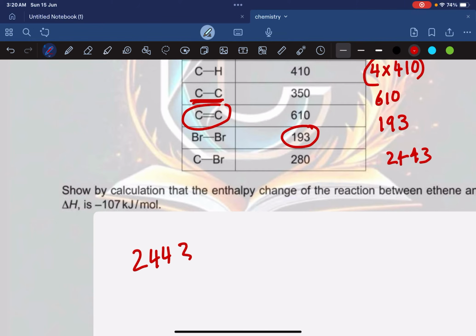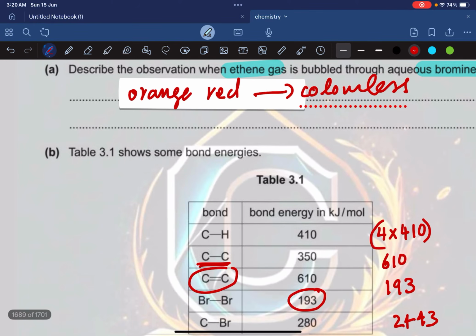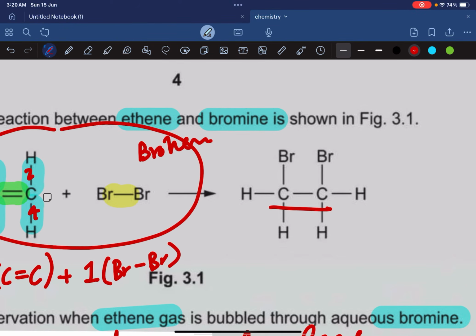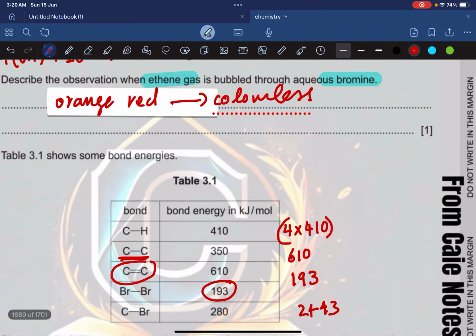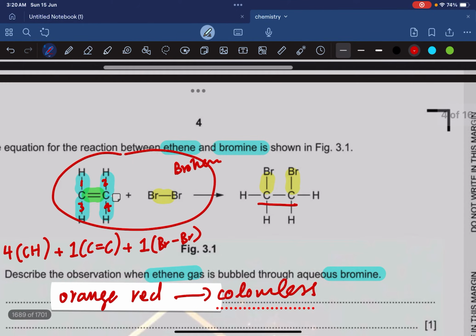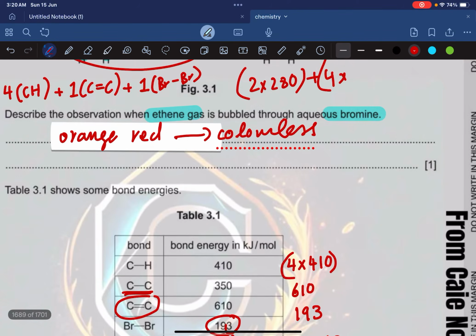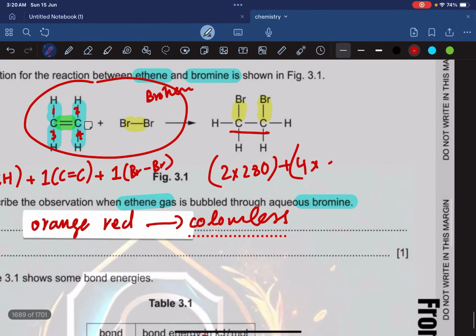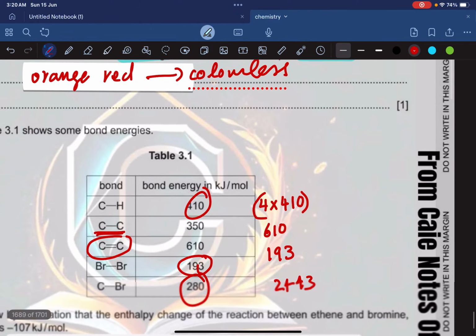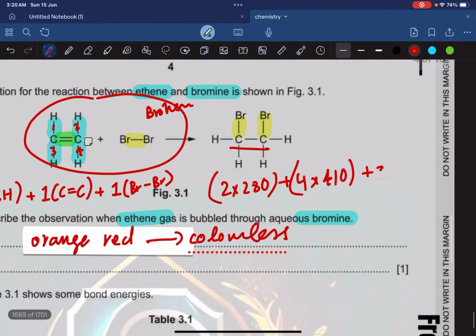You have to show all this calculation, minus the energy that's going to be given out. How many Br bonds are formed? 1 and 2. So 2 CBr bonds, 2 times 280, plus there are how many CH bonds? 4 CH bonds, the value for which is 410. 4 times 410, plus carbon-carbon single bond, which is 350.